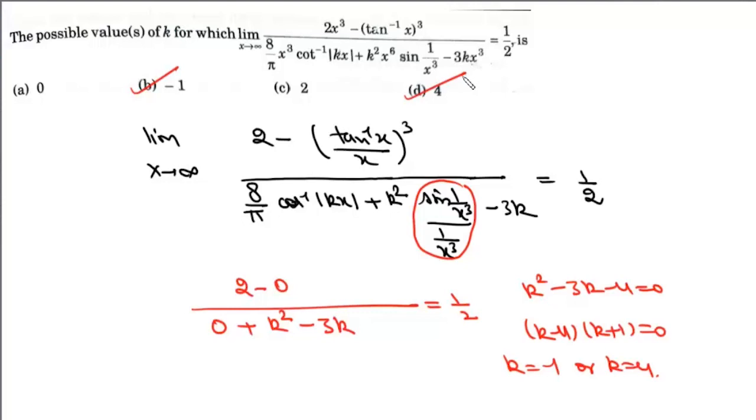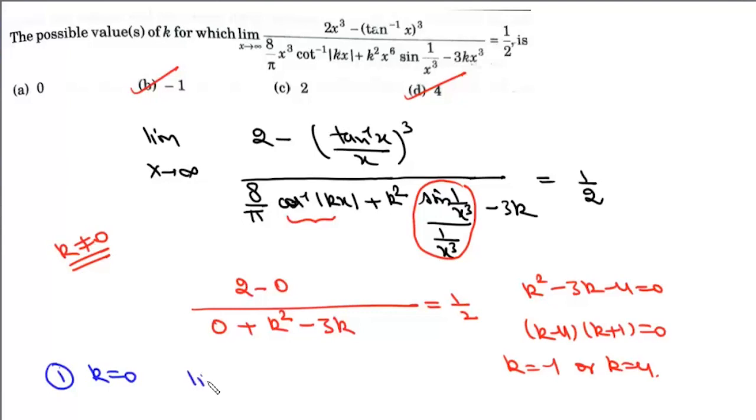Options B and D. Now we have this case when we have assumed that k is unequal to 0, because this expression cot inverse kx will make a difference whether k is 0 or non-zero. So we have to consider one more case, considering k equals 0. Now if k is 0, we'll have cot inverse 0, and cot inverse 0 will be pi by 2.